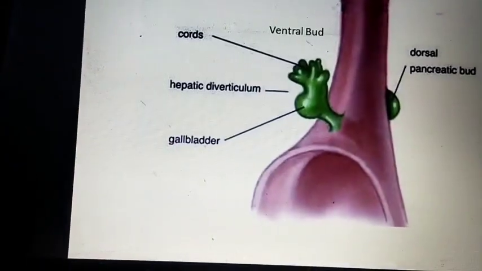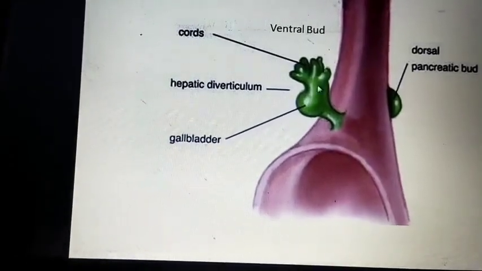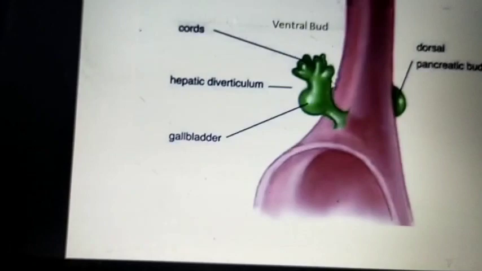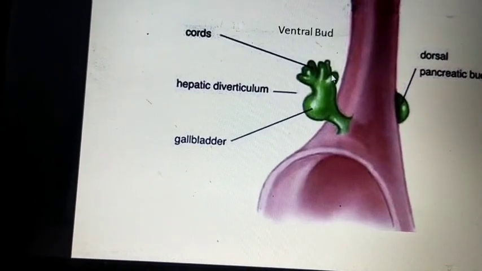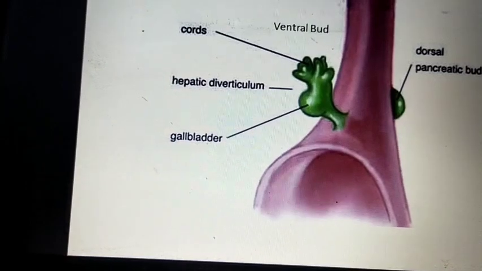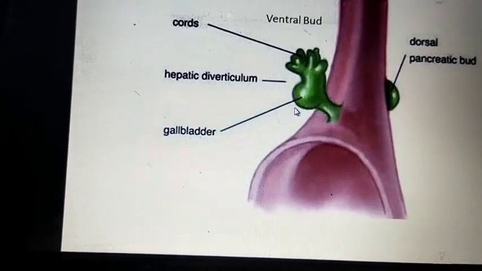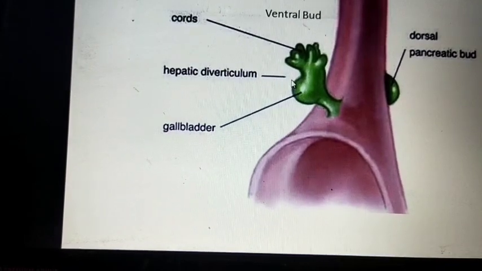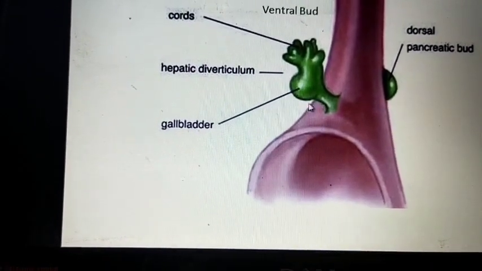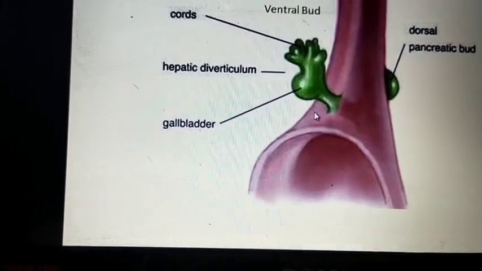The hepatic diverticulum appears in the ventral wall of the primitive midgut in the early stage of the 4th week. The cords form finger-like structures, and this diverticulum forms the liver and intrahepatic ducts, and the pouch-like structure forms the gallbladder. Another diverticulum, the ventral bud, forms the pancreas.